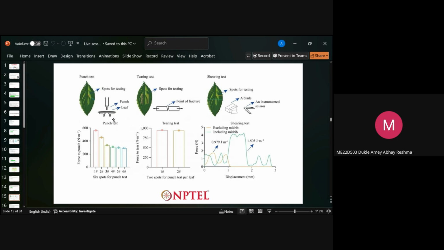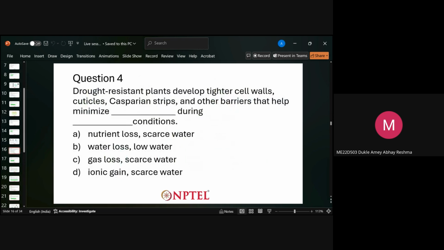Whereas in the tearing test, you will be pulling it apart. So in the tearing test you pull it apart, and in the shearing test you use something along the axis of the leaf. So we move to the next question.